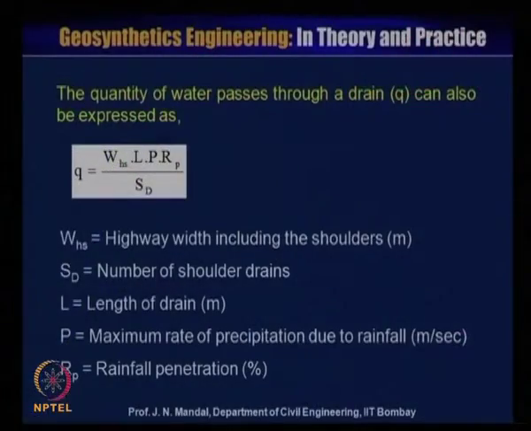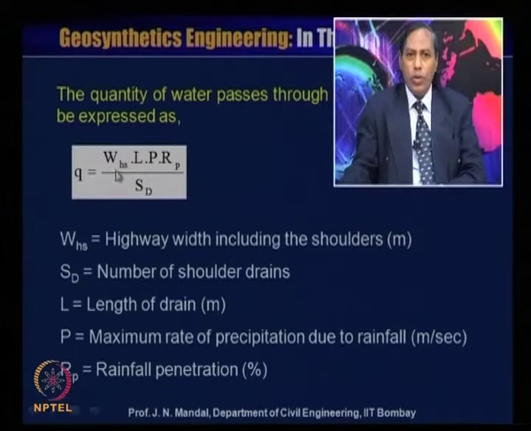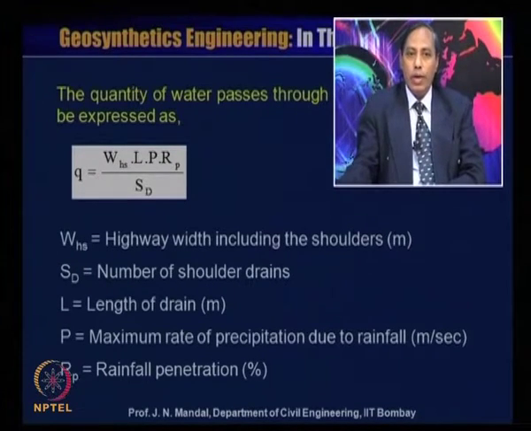Now, the quantity of water passing through the drain q can also be expressed as q is equal to WHS L P RP divided by SD, where WHS is the highway width including the shoulder, in meters, that is why WHS.